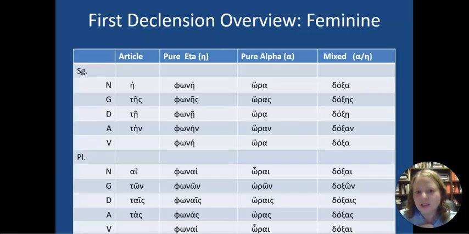In this case, we're looking at nouns that seem to look different than what we've seen so far. What we've seen so far are first declension nouns that are typically, not exclusively, but typically feminine, and they follow either the pure eta, pure alpha, or mixed pattern, and once you know the pattern, you can produce any noun. You can change its forms.